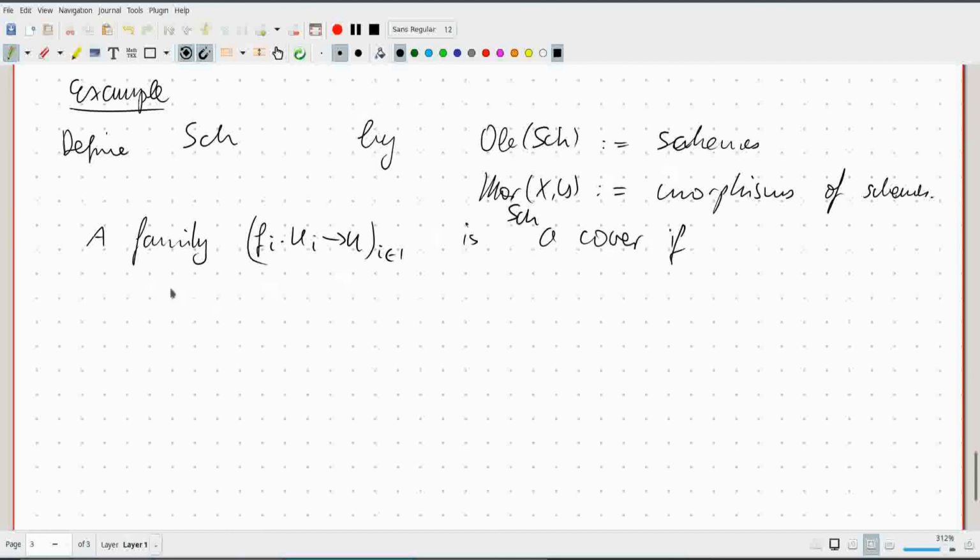if firstly, the usual condition of the images indeed covering U. Secondly, the f_i are flat morphisms of schemes.